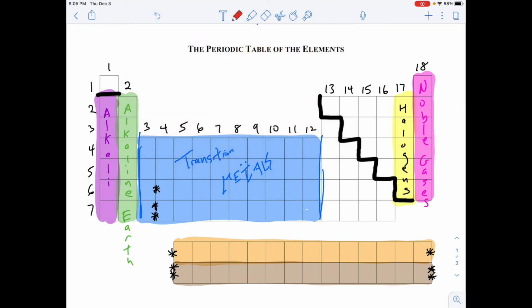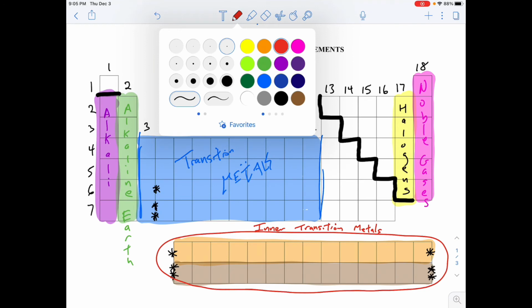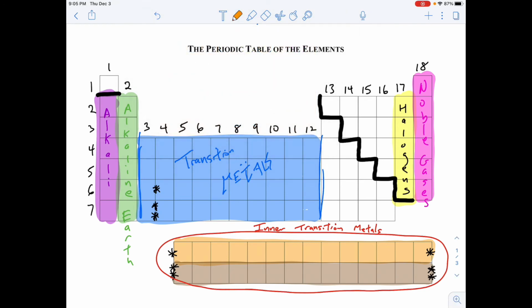And then what we need to understand is that this whole grouping down here, they're known as the inner transition metals. Some people just say inner transition elements, but they're metals. But they even have special grouping names. This part of period 6, this top part here, these are called the lanthanides.